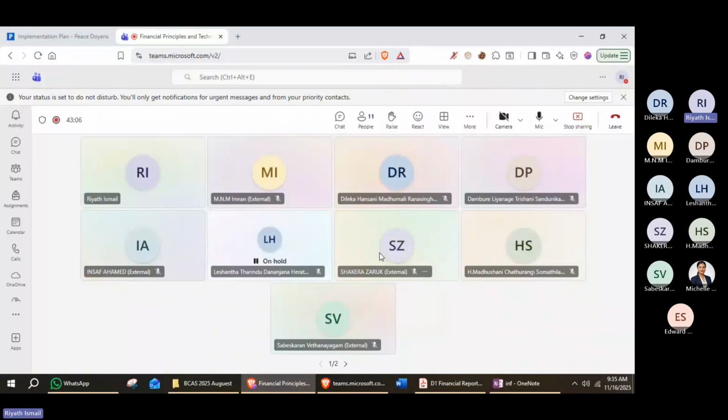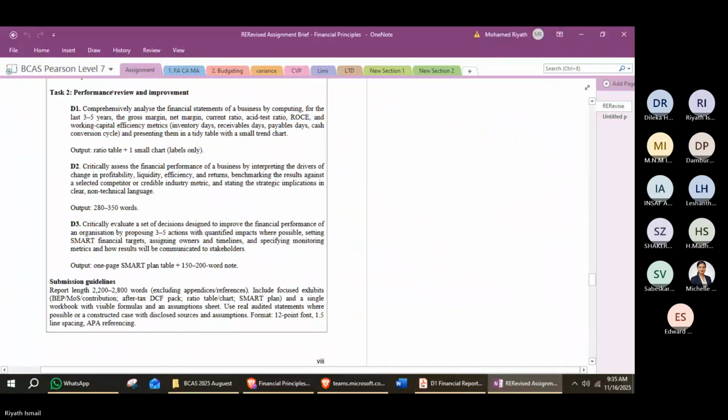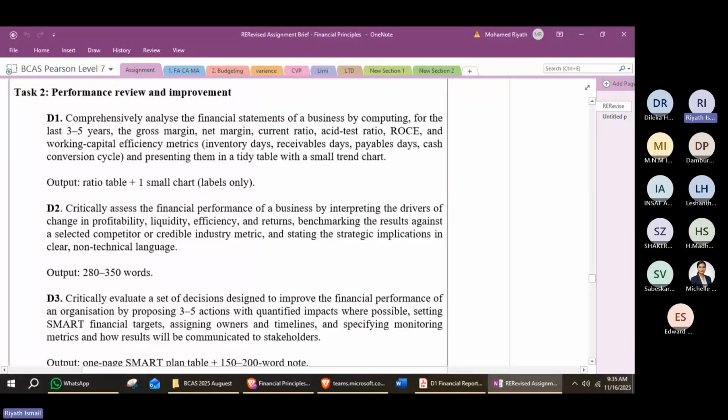When we look at your assessment, here we have a comprehensive analysis: analyze the financial statements of a business by computing the last 3 to 5 years.